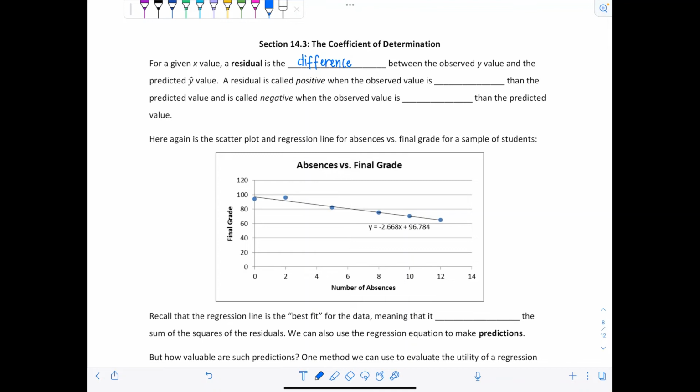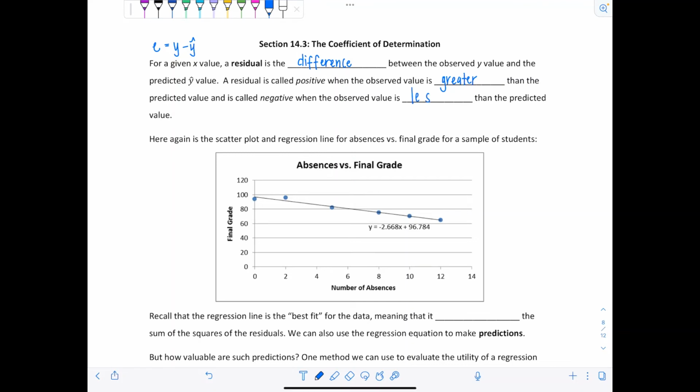Earlier in the homework, in 14.2, they just called it error, y minus y hat, but really that term should be residual. A residual is called positive when the observed value is greater than the predicted value, and negative when the observed value is less than the predicted value.